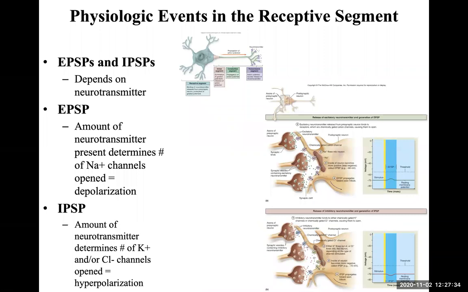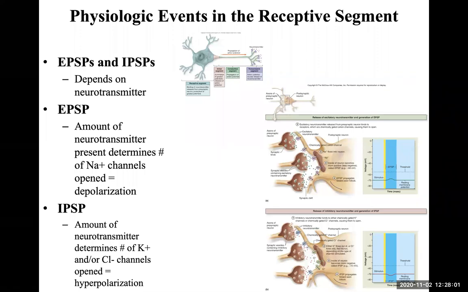Okay, so this is what I was mentioning a moment ago when I was talking about excitatory and inhibitory postsynaptic potentials. That's what EPSPs and IPSPs are. Those are acronyms, again, for excitatory; the P stands for post, the S for synaptic, and the P for potential. So excitatory postsynaptic potentials and inhibitory postsynaptic potentials.